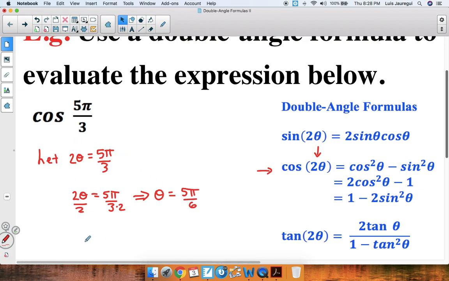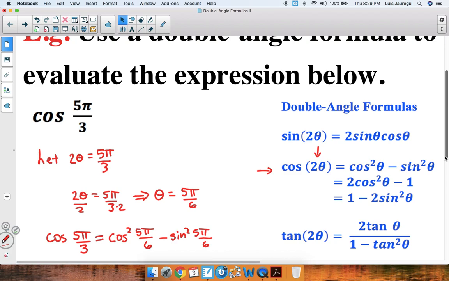Now, we can say that cosine of 5 pi over 3 simply becomes the following. That is equal to cosine square of theta, which happens to be 5 pi over 6, minus sine square of theta, which happens to be 5 pi over 6.